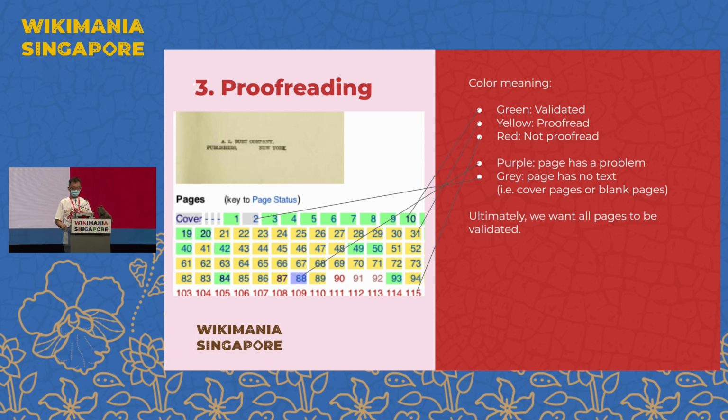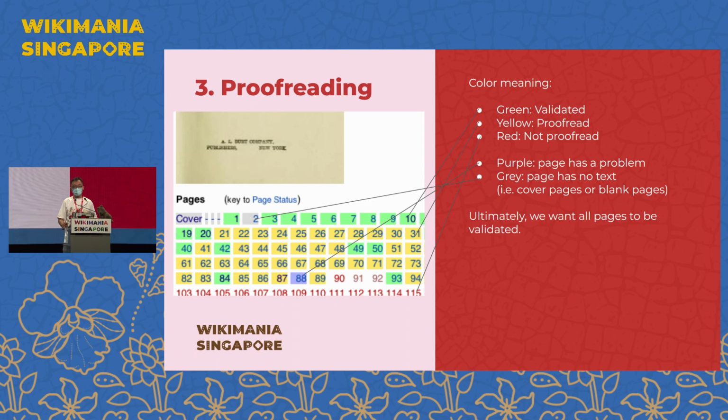But there are also two other colors. Purple means there's some problem with the page. It could be the original scan was not clear, there's some mistake on the PDF, or there are some images that you don't know how to copy from the PDF to Wikisource.